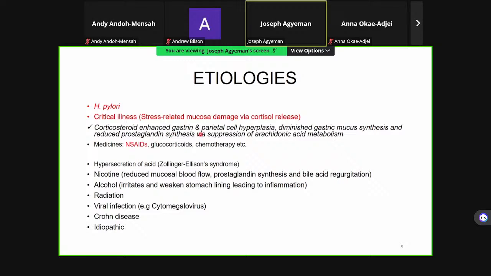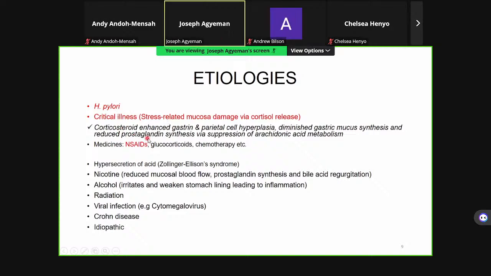So glucocorticoids, cortisol released during stress, will inhibit arachidonic acid metabolism, meaning you are not producing enough prostaglandins. And if you are not producing enough prostaglandins, you will have reduced mucus production, you have reduced bicarbonate release, you fail to antagonize the histaminergic pathway, you are in trouble.